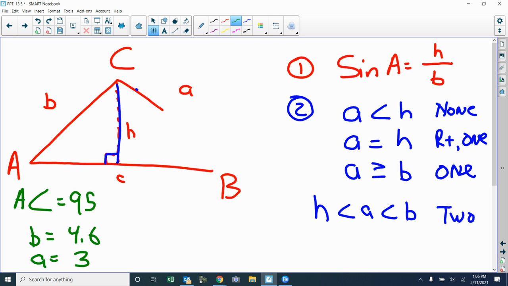So find that height. Give you a second, find the height. So that height would be what? Sine of 95 times what? Side B, which is 4.6. Sine of 95 times 4.6 gives me a height of, should be 4.6 or 4.58.